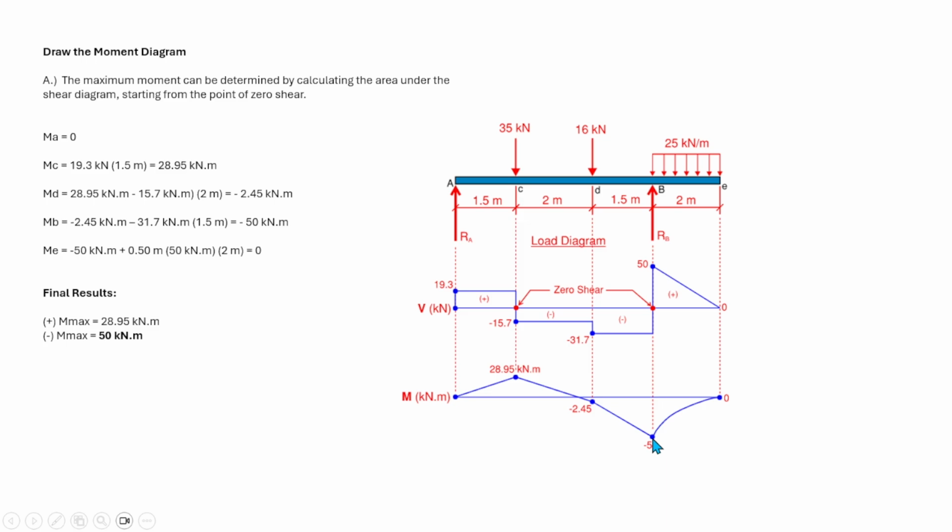From this point, the moment has a positive slope until it reaches a moment of zero. If the shear is positive, the moment diagram has a positive slope. This is negative shear, negative slope, which means downward. Negative shear between D and B, so we have a negative slope. Here it is positive, so a positive slope going up.